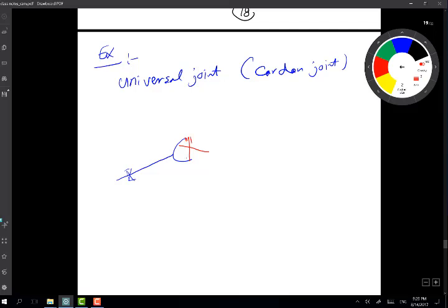So in between here I use a cross link, right?